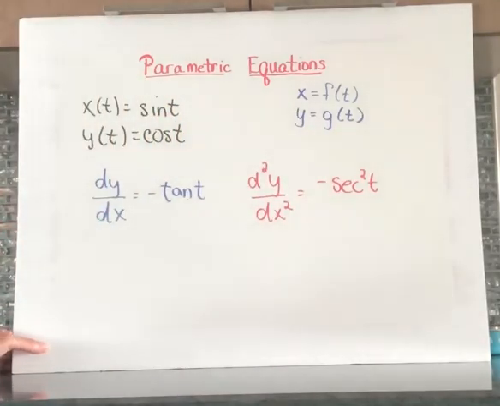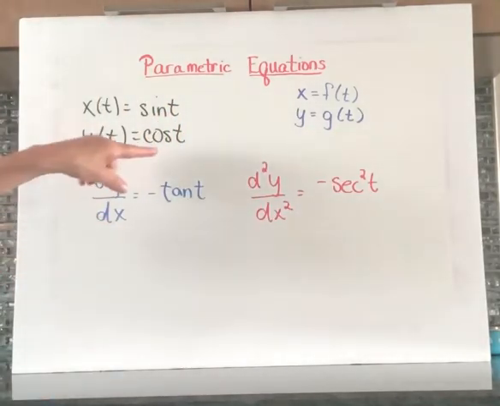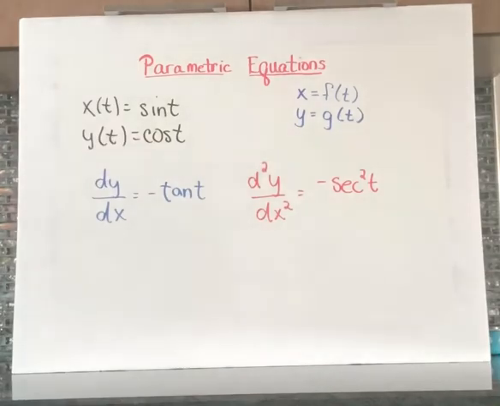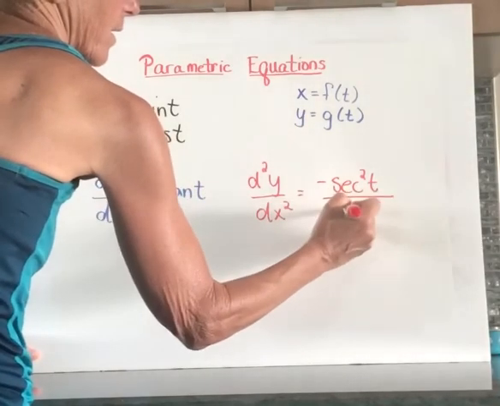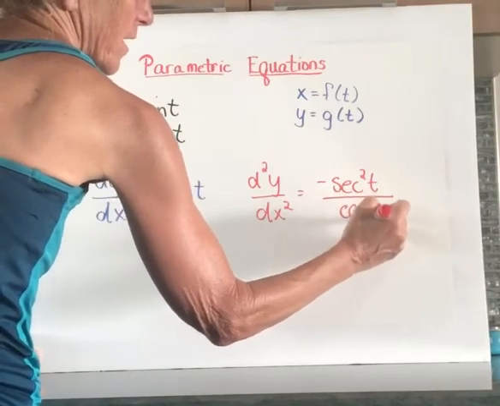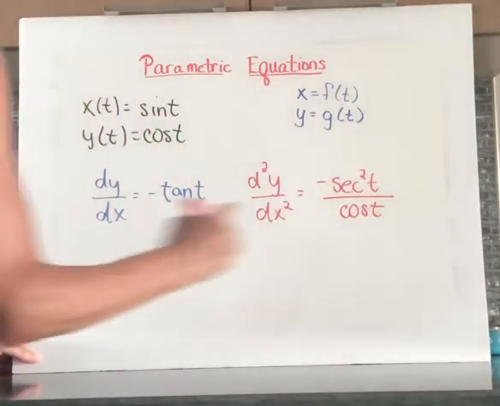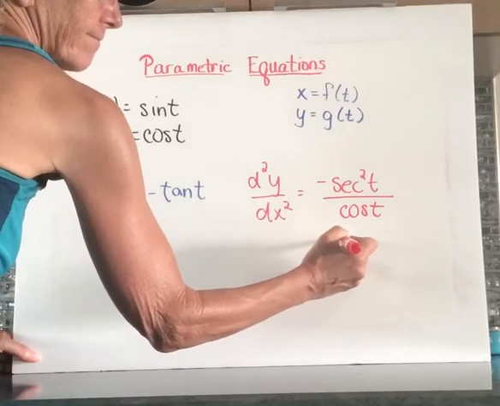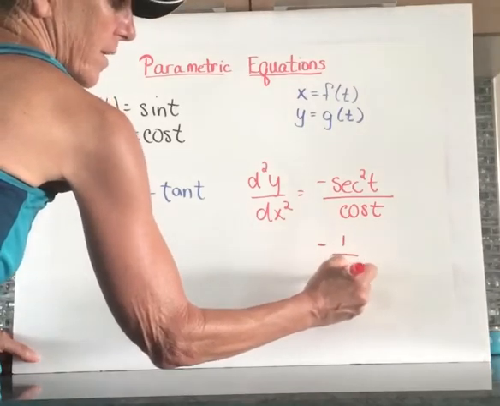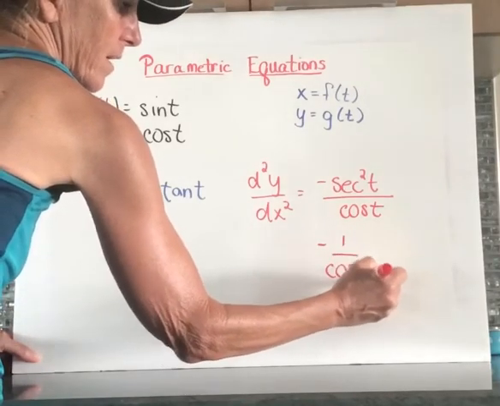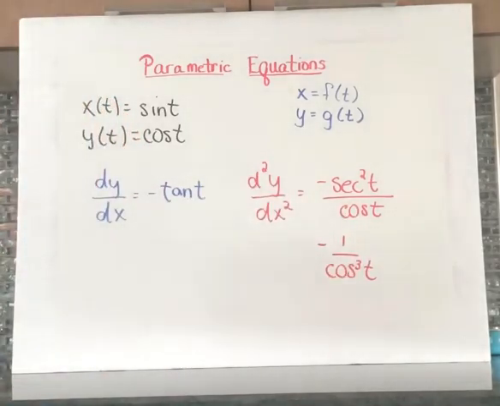And there's one more step. You now have to take the derivative of dx/dt one more time. So that would be cosine of t, and if you want to simplify that, you get negative 1 over cosine cubed t, if I did that correctly, or you can make that negative secant cubed of t.